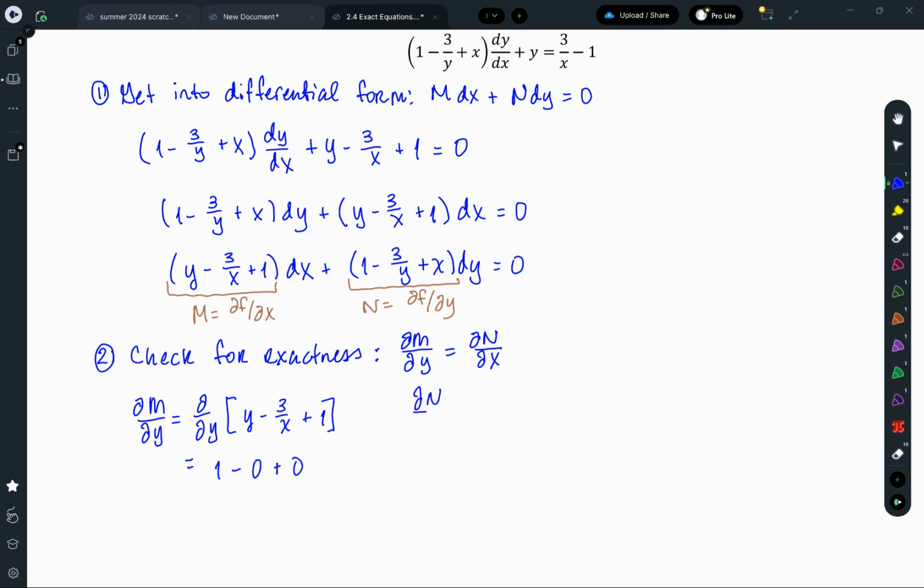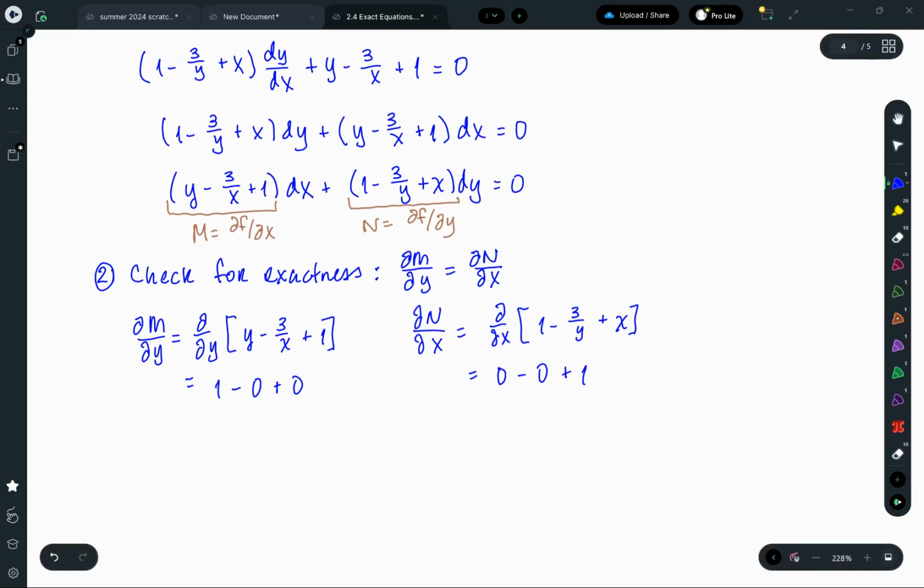Del N del x means we're taking del x of our N, which was 1 minus 3 over y plus x. And when I take the derivative with respect to x, the derivative of 1 with respect to x is 0. The derivative of minus 3 over y is minus 0. And the derivative of x with respect to x is 1.